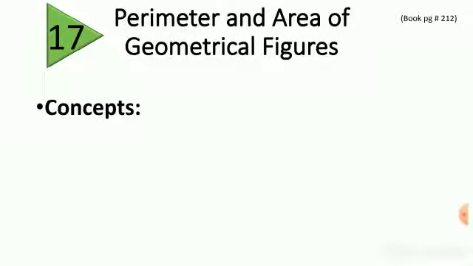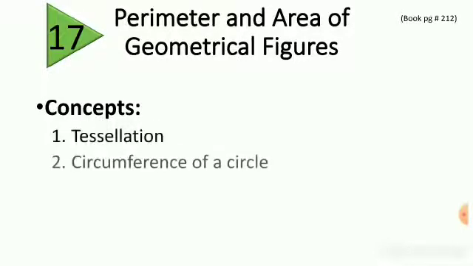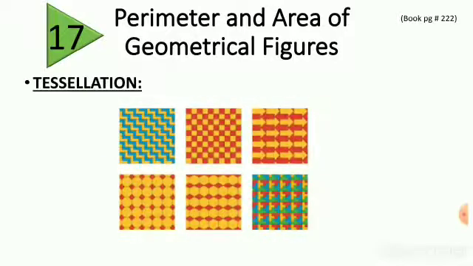Next, to start exercise 17b, we have to discuss these concepts. First is tessellation, circumference of a circle, area of a circular region. So first is tessellation. Here are the examples of tessellation. As I have told you, tessellation means tiling. The same shape is placed in tiles, and there is no space in between.